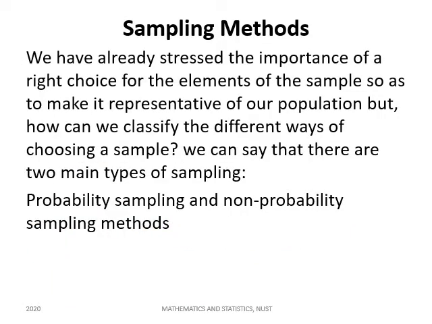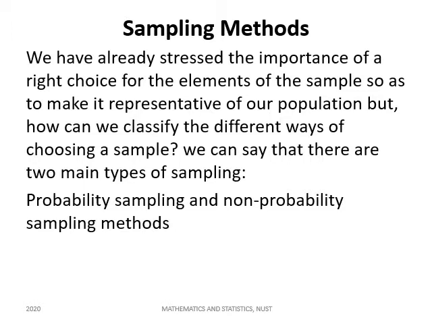Right, good evening. Today we are going to be looking at sampling methods. So we've already talked about the different reasons why we sample instead of looking at the entire population.